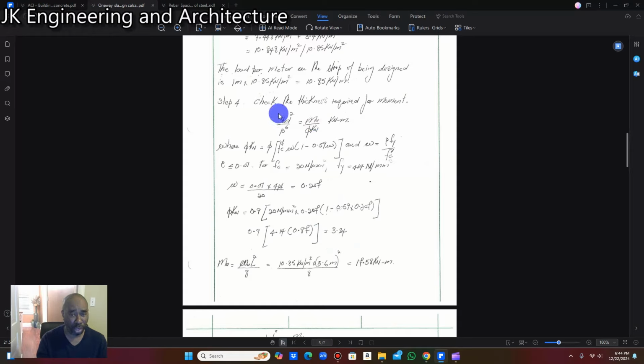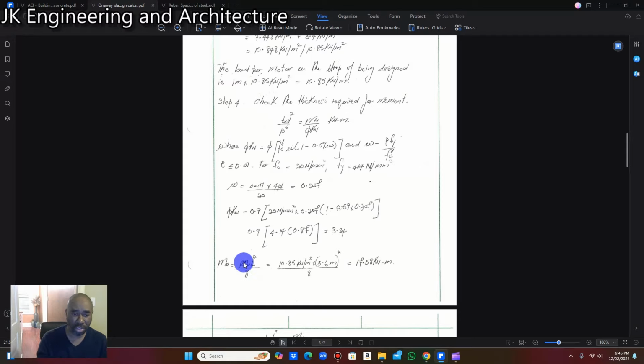Remember, we are checking the thickness of the slab for moment, so we are using this formula. We're going to work out Mu now, which is our moment. Our moment is going to be WL squared over 8. For a uniformly distributed load, the formula is WL squared over 8, and I've shown you in previous videos where I got that formula from.